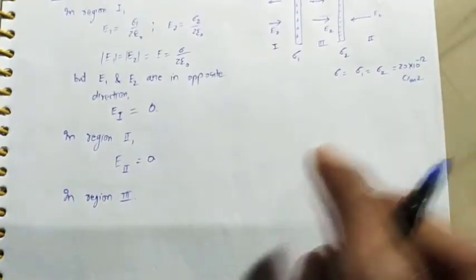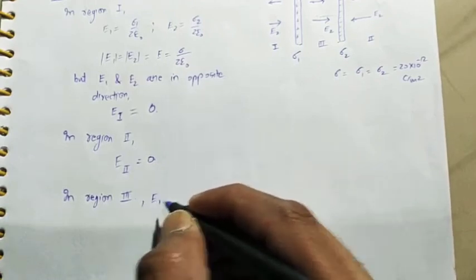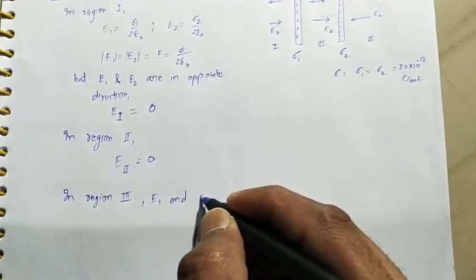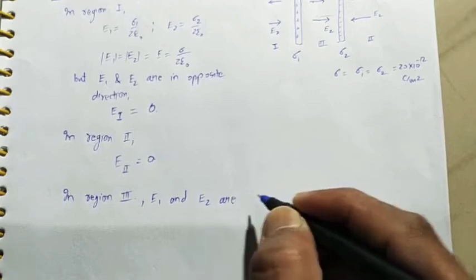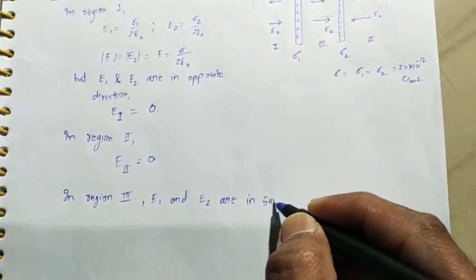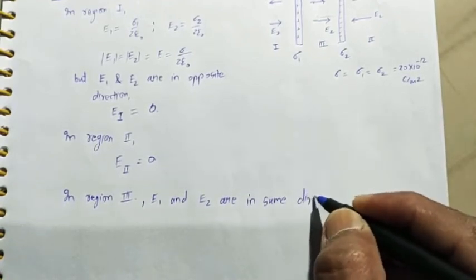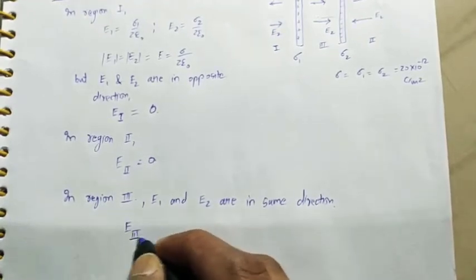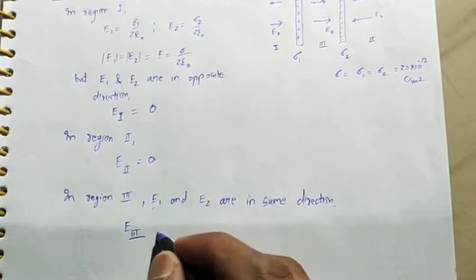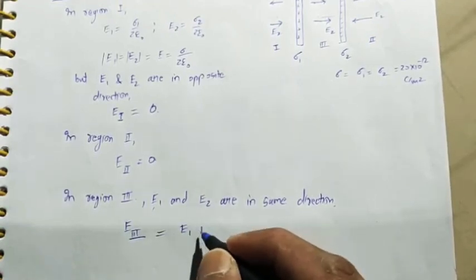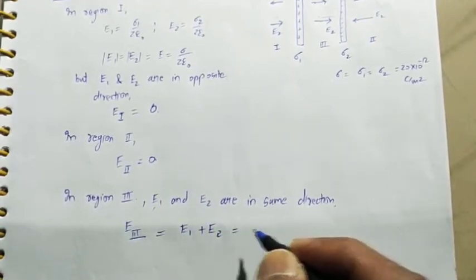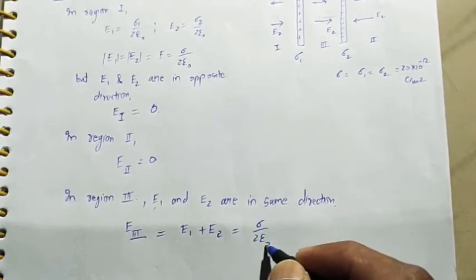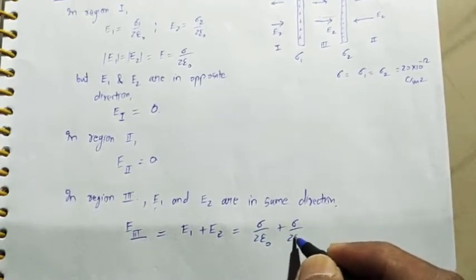Both are in the same direction. E1 and E2 are in the same direction. So for E3, this E1 and this E2 will add up, E1 plus E2, and the resultant will be sigma upon 2 epsilon naught plus sigma upon 2 epsilon naught.